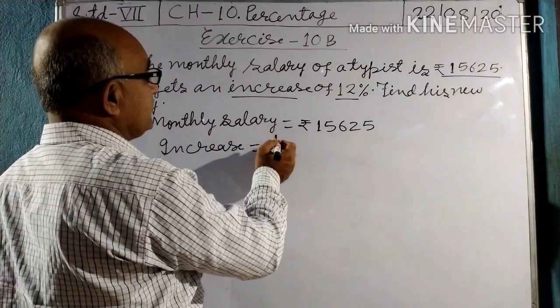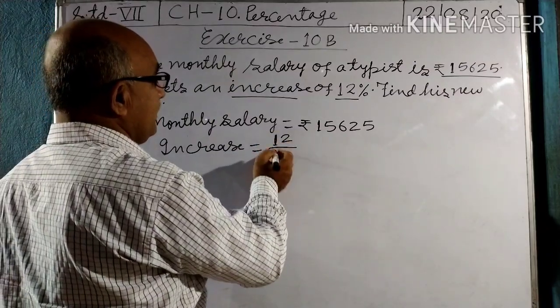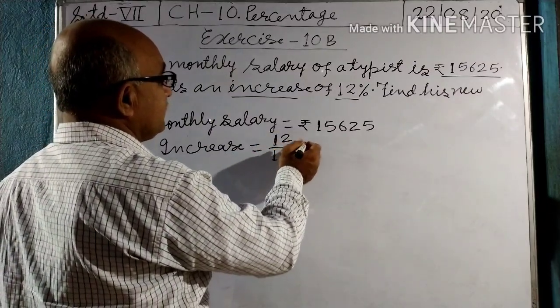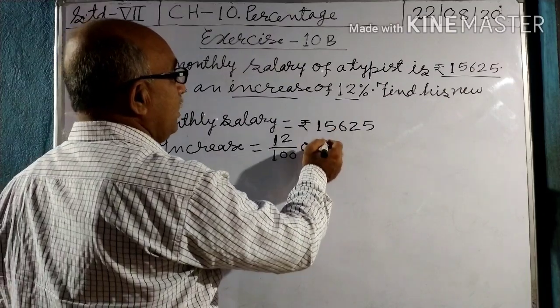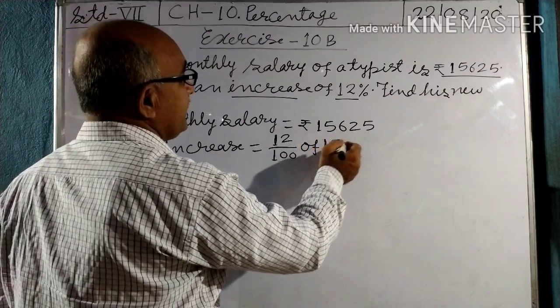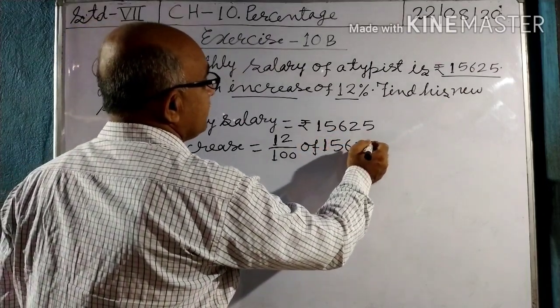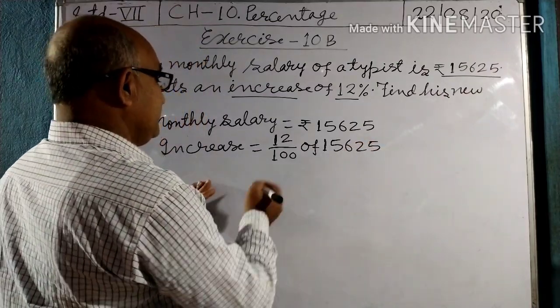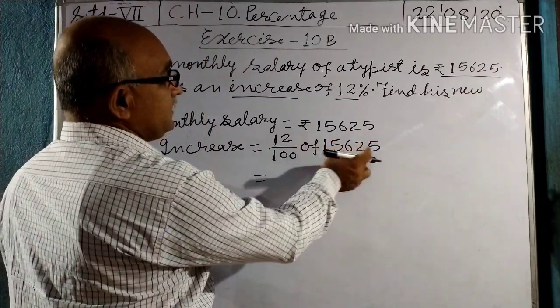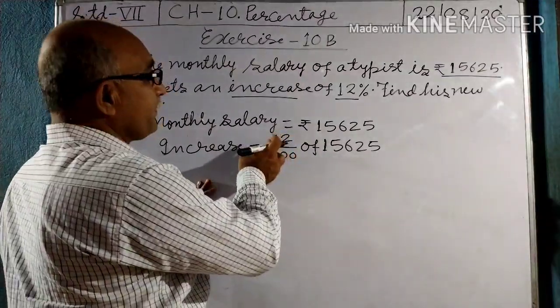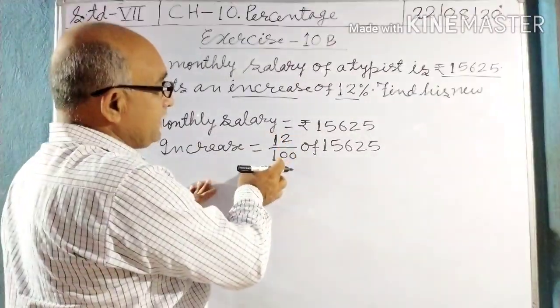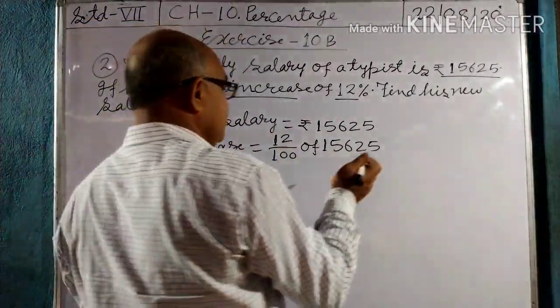Increase 12%. 12% means 12 by 100 of 15,625. Easy method: 15,625 multiply by 12, after that divided by 100.